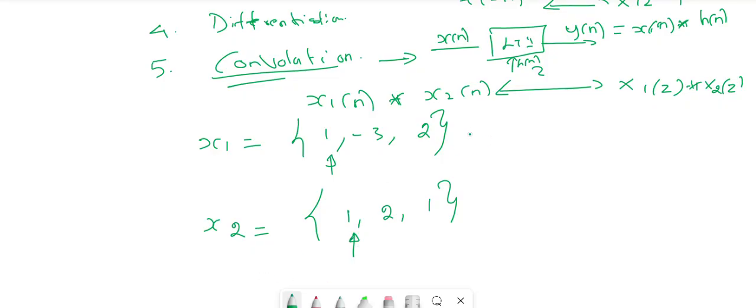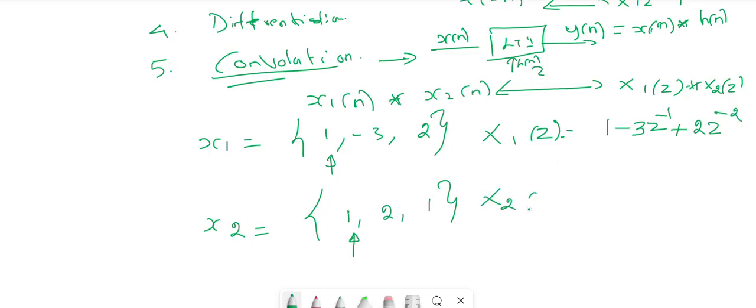How do you write x1 of z here? 1 minus 3 z inverse plus 2 z minus 2.